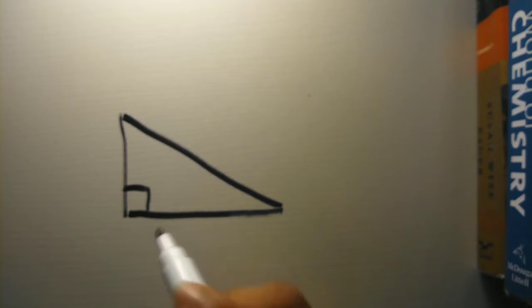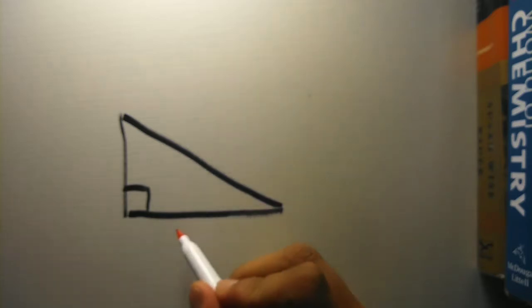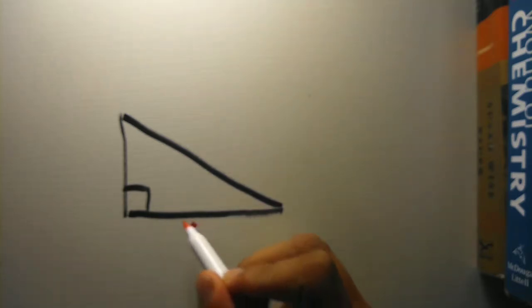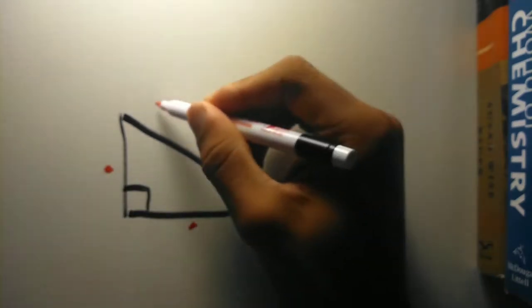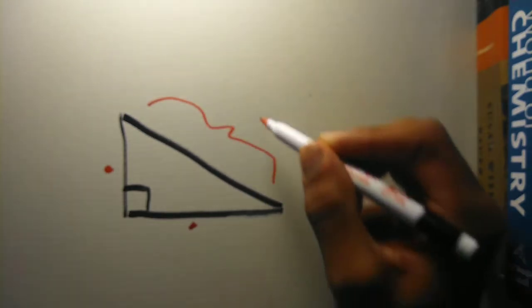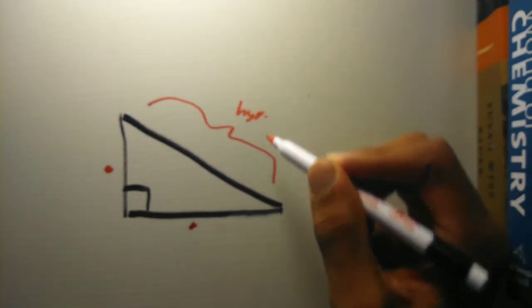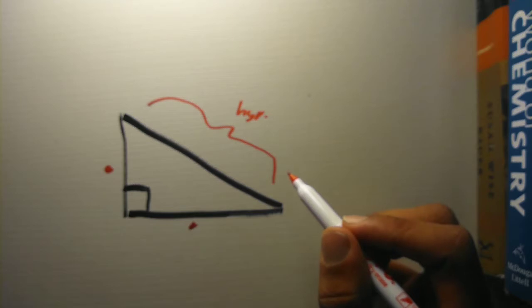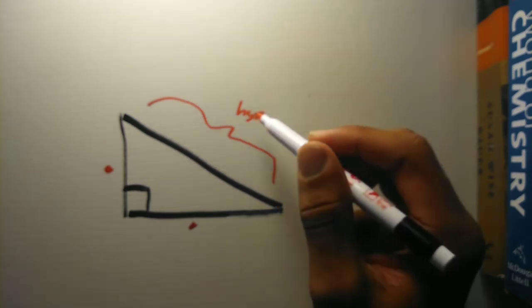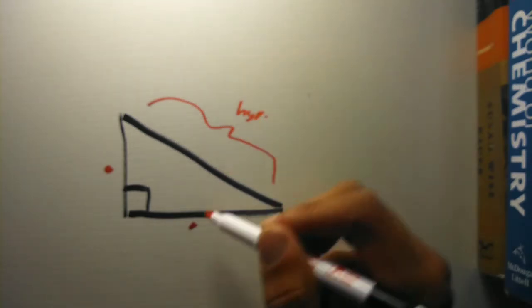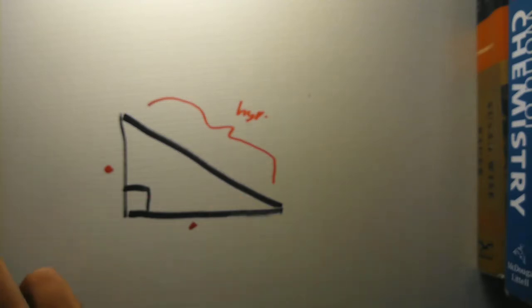Let's define its legs. First, we can define this as being a leg, and this as being a leg. Our longest side will be known as the hypotenuse. Anything that is not the hypotenuse in a right triangle is a leg. It's the shorter side.